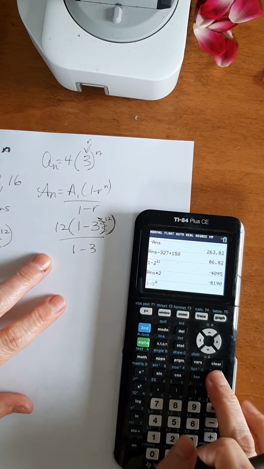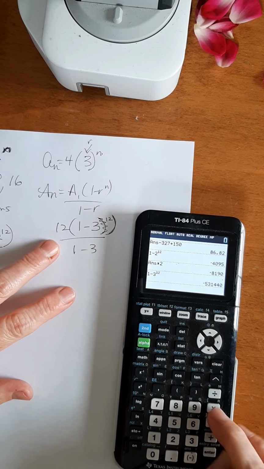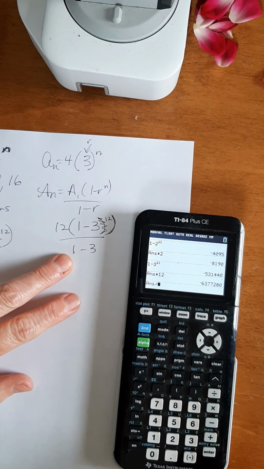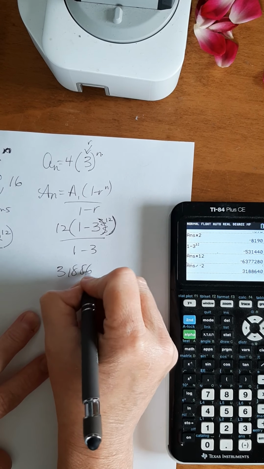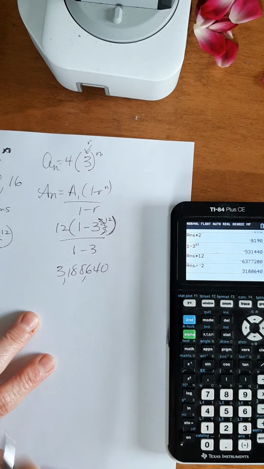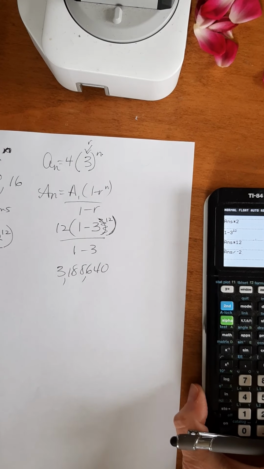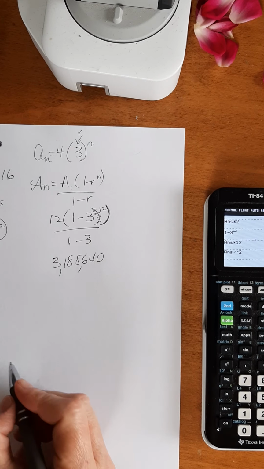So 1 minus 3 to the 12th, times 12, divided by negative 2. You can see geometric get really big, really fast, about right under 3.2 million. So very easy formulas to work with.